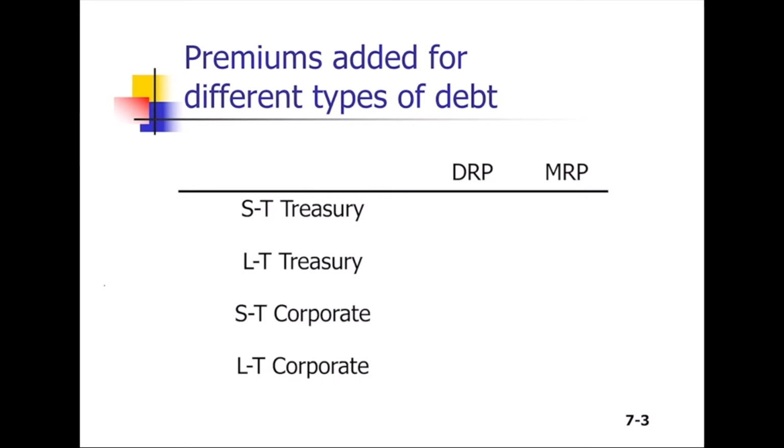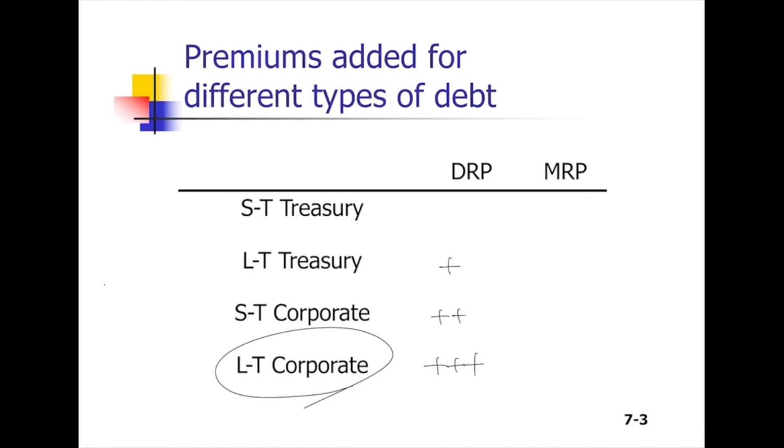Based on the relative sense, the long-term corporate bond needs more default risk premium, right? The short-term corporate bond also needs default risk premium. And the long-term treasury bond also has default risk. But the highest is the long-term corporate bond default risk premium.